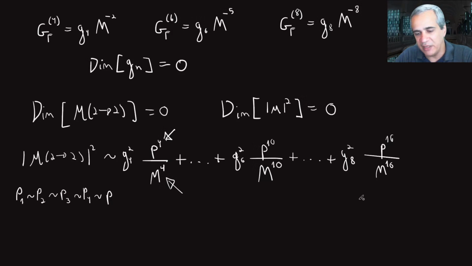There will be a finite number of higher dimensional operators, the non-renormalizable interactions, that contribute, right? But not all of them. At least there's a finite number that contributes at a level that is bigger than your experimental uncertainty. All the others will be hidden inside the uncertainty of your experiment. They are basically impossible to see, right?